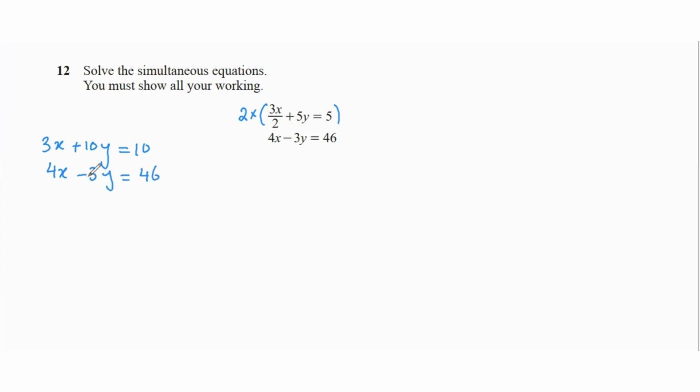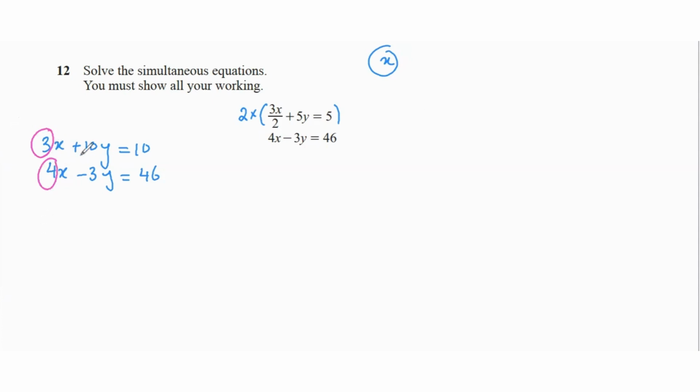Now, in order to solve this simultaneous equation set, I'm going to use the elimination method. For the elimination method, we need to first decide which variable we want to eliminate. I want to eliminate x. So to eliminate x, I need to make sure that the coefficients of x are equal in both equations. The coefficient of x is 3 here, and here it's 4.